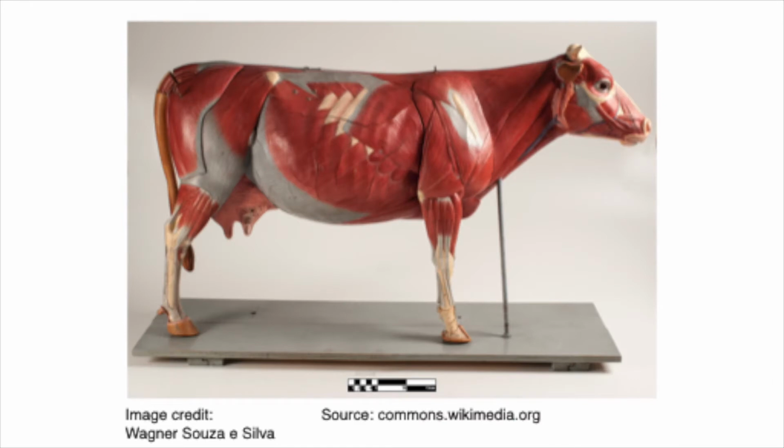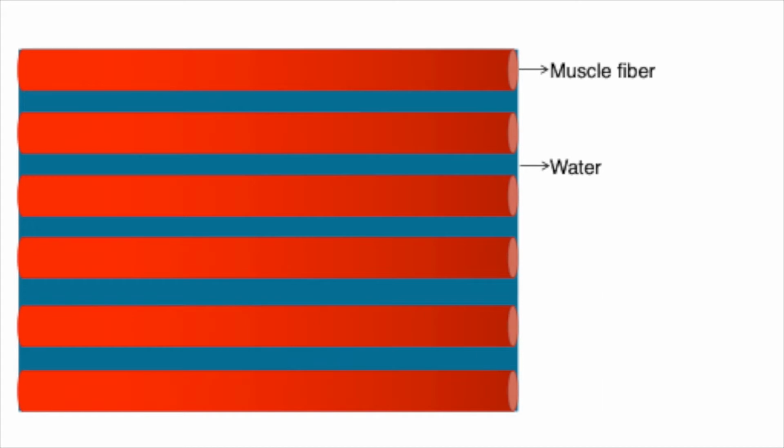So, like we do every time, we're going to take a little closer look at what's going on in our food as we cook it, what our food molecules look like. And so here is a picture of the muscular system of a cow, right? So we kind of have an idea of what muscles look like. There are striations and other things that go on. But as we zoom in to the muscle tissue itself, we see muscle fibers, right?